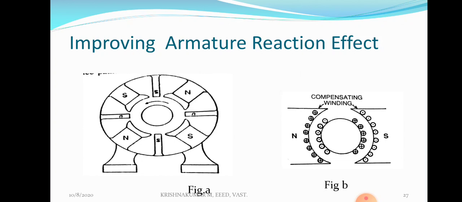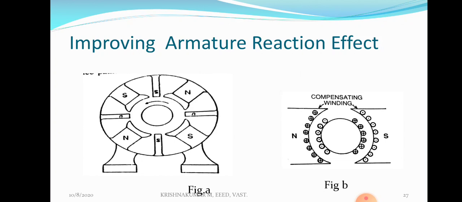In the case of a DC motor, it is just opposite: the polarity of the interpole is the same as that of the main pole behind in the direction of rotation. Anyway, leave it. Now we are discussing the generator armature reaction effect.